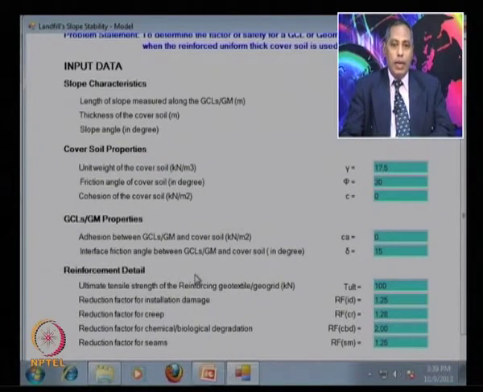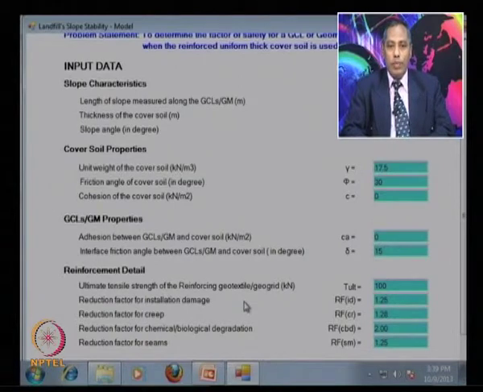Now here we are adding this reinforcement, either the ultimate tensile strength of the reinforcement geotextile or geogrid is 300 kilonewton, and we are considering that reduction factor for the installation damage RFID is 1.25, reduction factor for the creep, that is RFCR, is equal to 1.28, and reduction factor for chemical and biological degradation RFCBD is equal to 2.0.